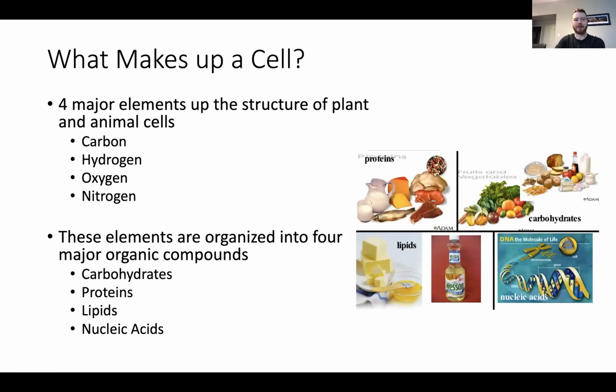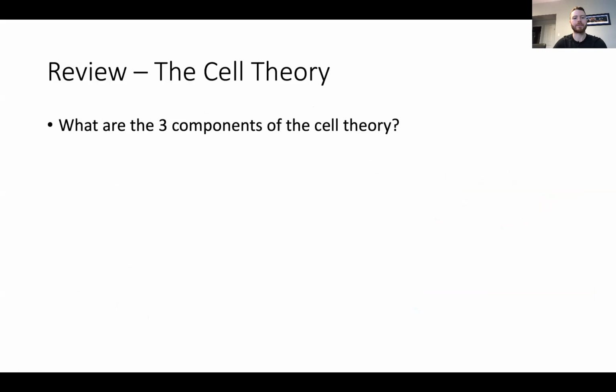Four elements, carbon, hydrogen, oxygen, and nitrogen, will make up the structure of plant and animal cells. And these elements are organized into four major organic compounds: carbohydrates, proteins, lipids, which are fats, and nucleic acids. Those are our big four organic compounds that we deal with in biology.